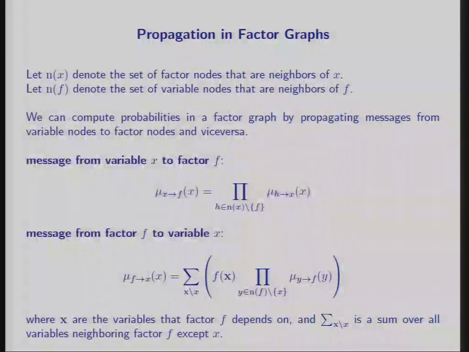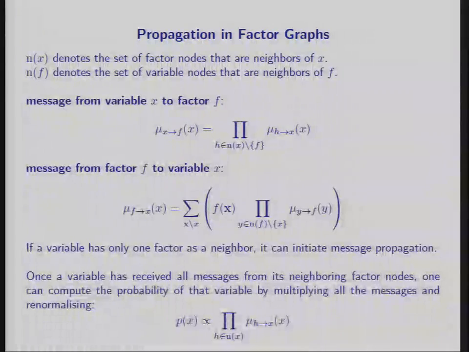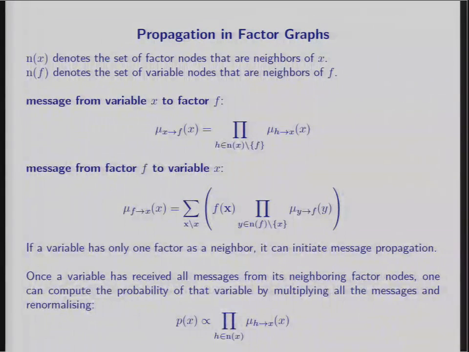That's it. These two equations, if you run them in a particular order until no other messages are left to be computed, if your factor graph is singly connected, what you get... this is just a repeat of these two equations. This is a statement of the order.